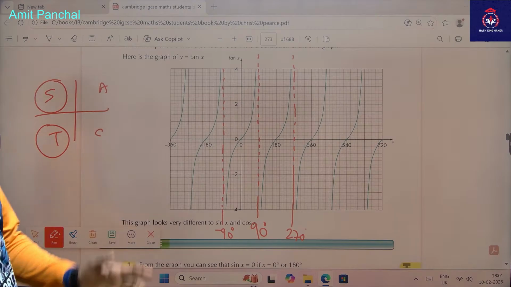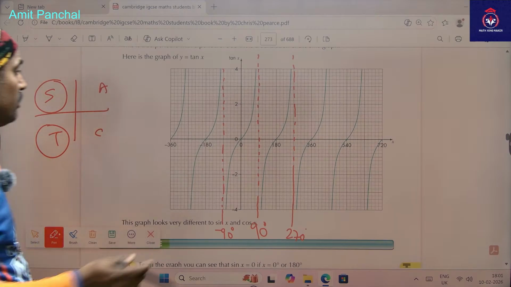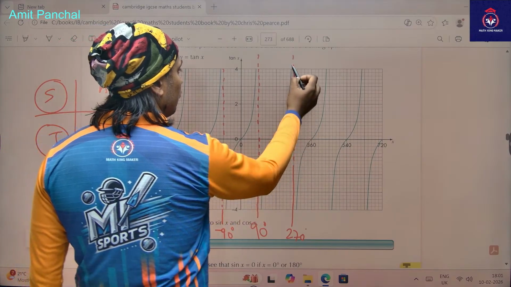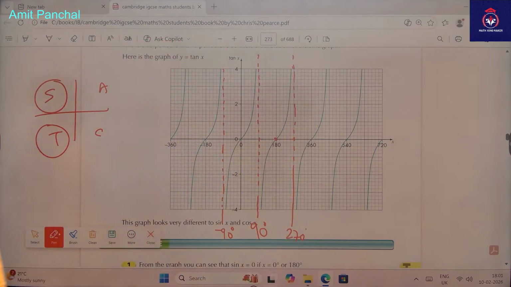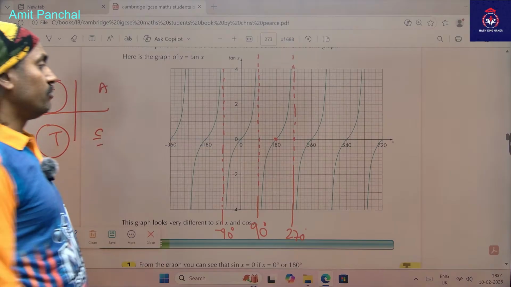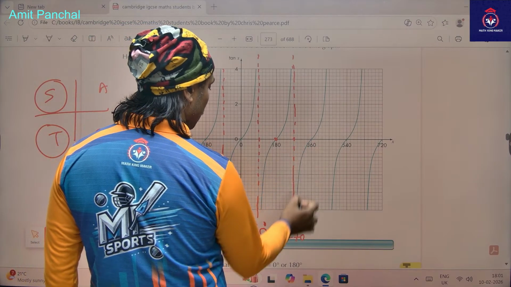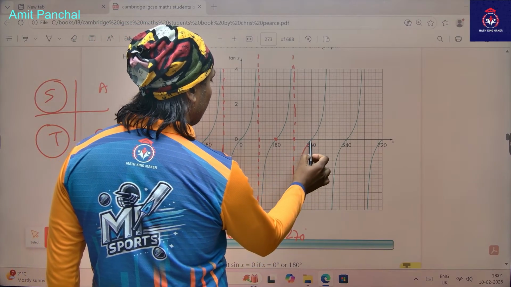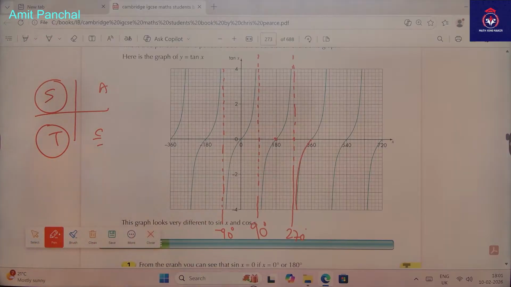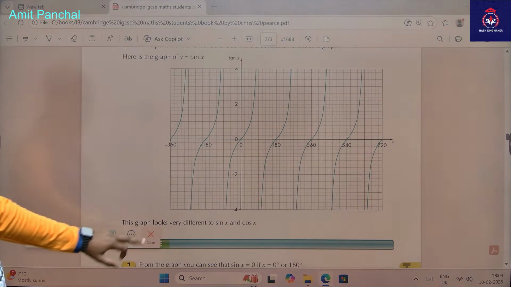The third quadrant is from 180 to 270, so it is positive again. In the fourth quadrant, from 270 to 360, it is again negative. Got it?